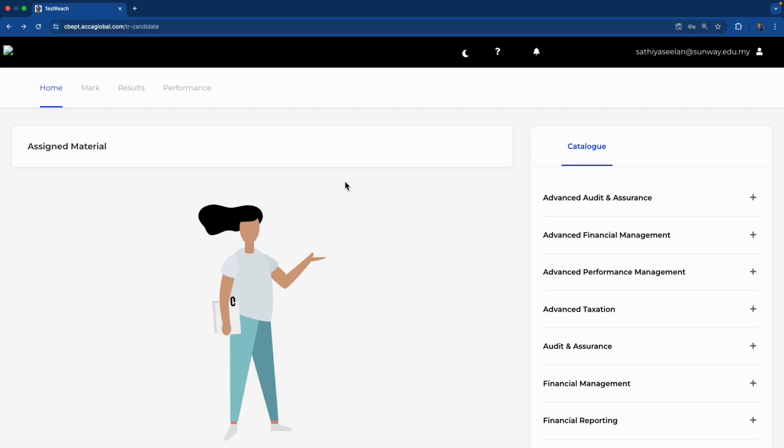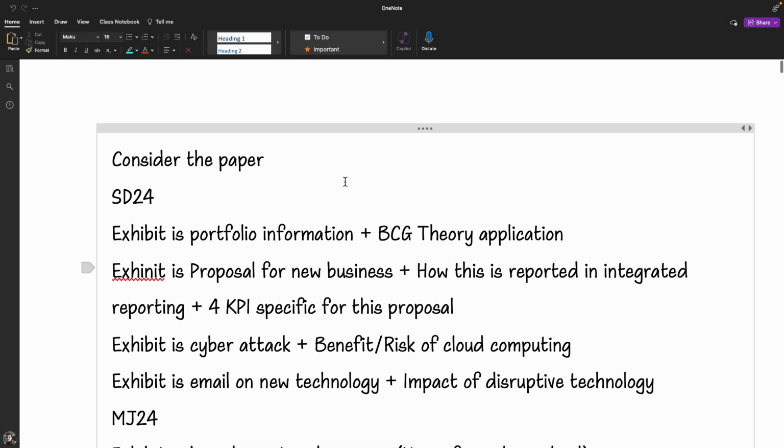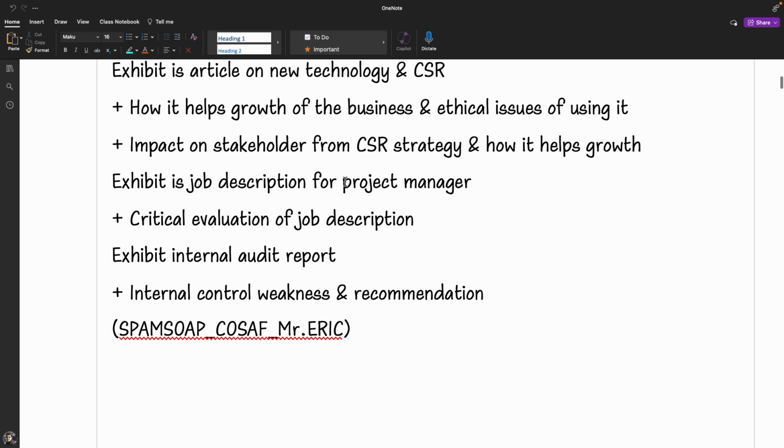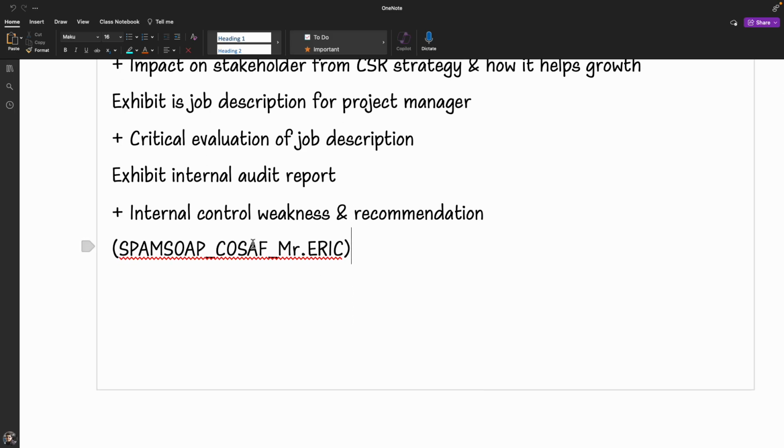So that's the tricky part of this paper: you cannot say, I know what's coming out. There is no way you will know what's coming out, because the examiner has many exhibits, many issues coming out. That being said and done, everything they give is always inside the exhibit. Majority.